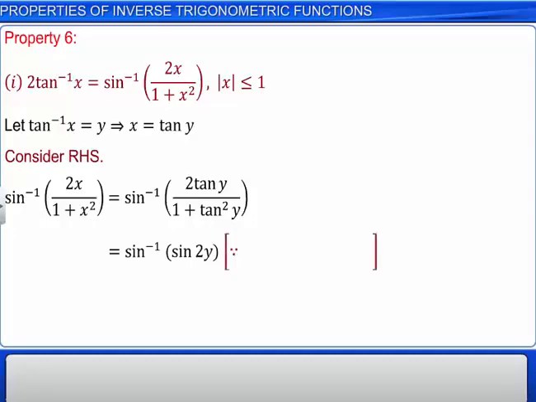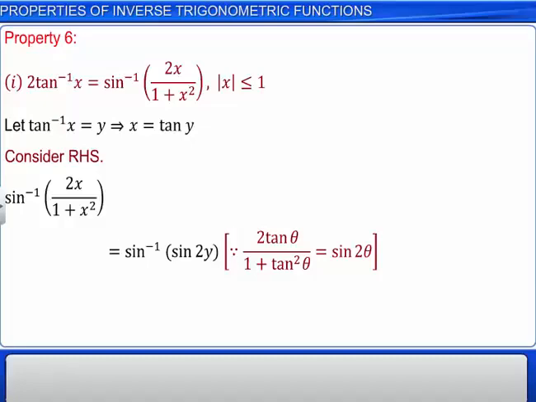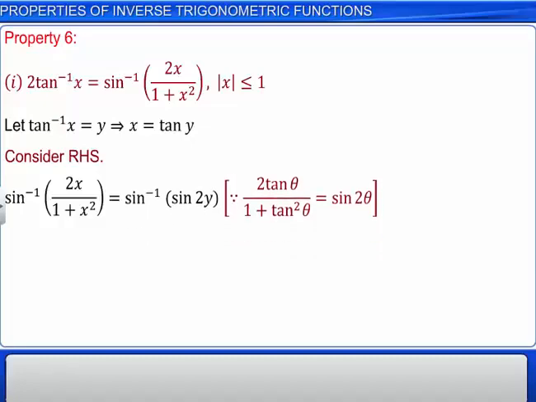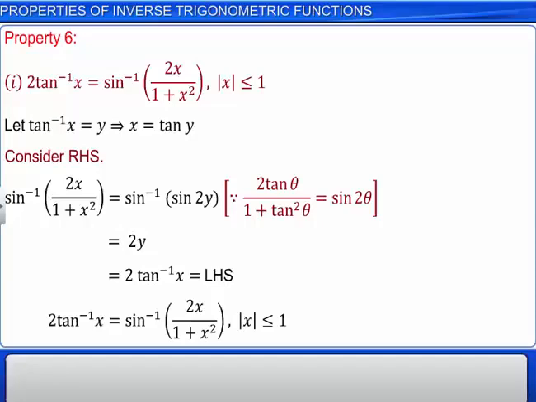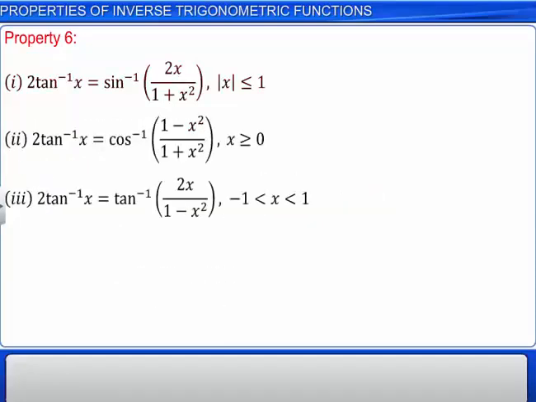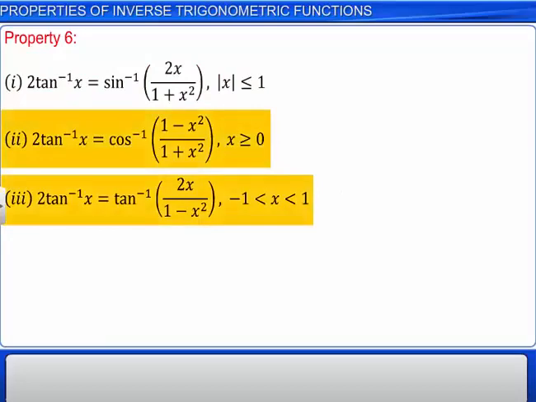This is because 2 tan theta upon 1 plus tan square theta is equal to sine 2 theta. This is further equal to 2y or 2 tan inverse x, which is the left-hand side. Hence the result. In the same way, the other two properties can be proved.